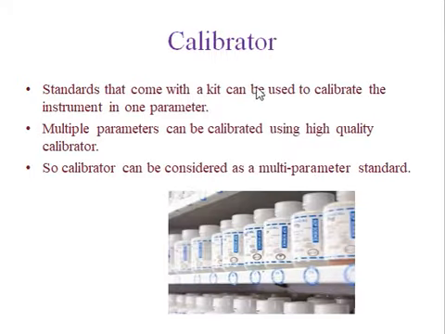A calibrator to a certain limit resembles a standard. A standard that comes with a kit can be used to calibrate the instrument for one parameter, because a standard is a solution of one composition. Multiple parameters can be calibrated using a high-quality calibrator, so a calibrator can be considered a multi-parameter standard.